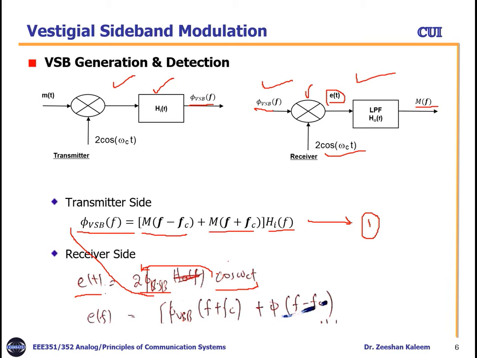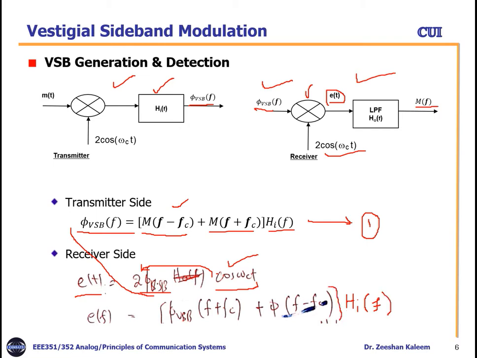Because of multiplying with the additional carrier here, we will get this term φVSB(f + fc) plus φVSB(f − fc), and additionally H(f). Here it was a typo, H(f) as well, right? You understand that one?